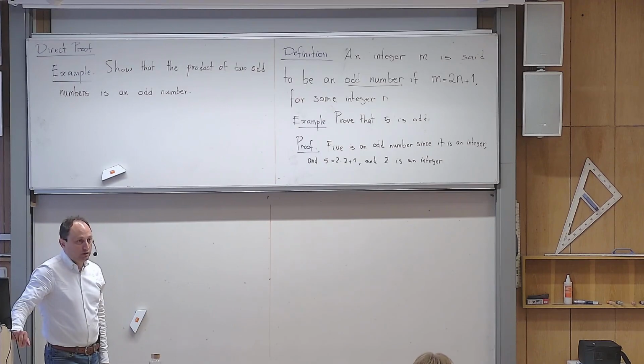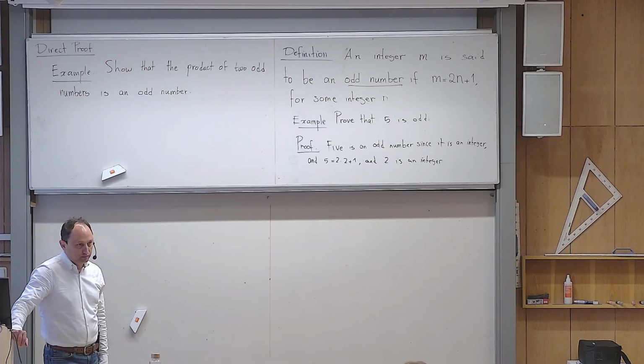Yes. Because if you define odd numbers as below, if you write an odd number, say x, times another odd number, y, then you let x be equal to 2n plus 1, where n is an integer, and y be equal to 2m plus 1, where m is an integer.